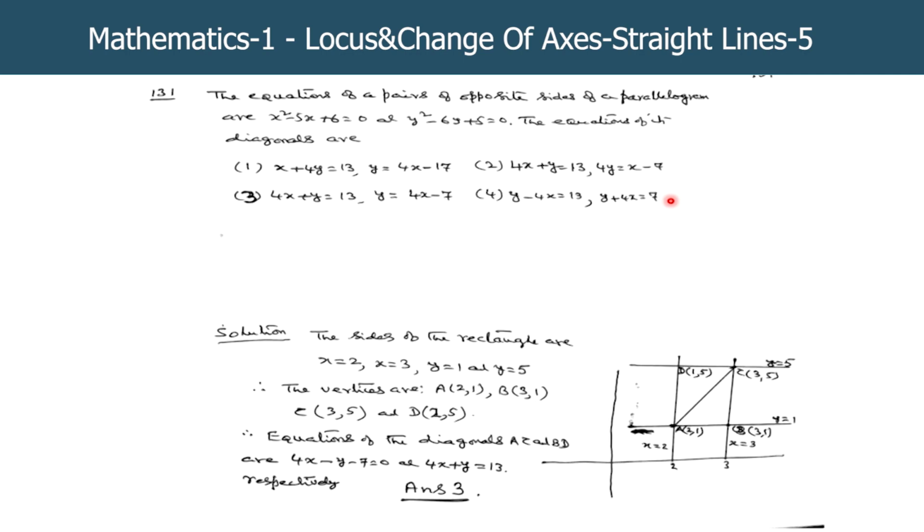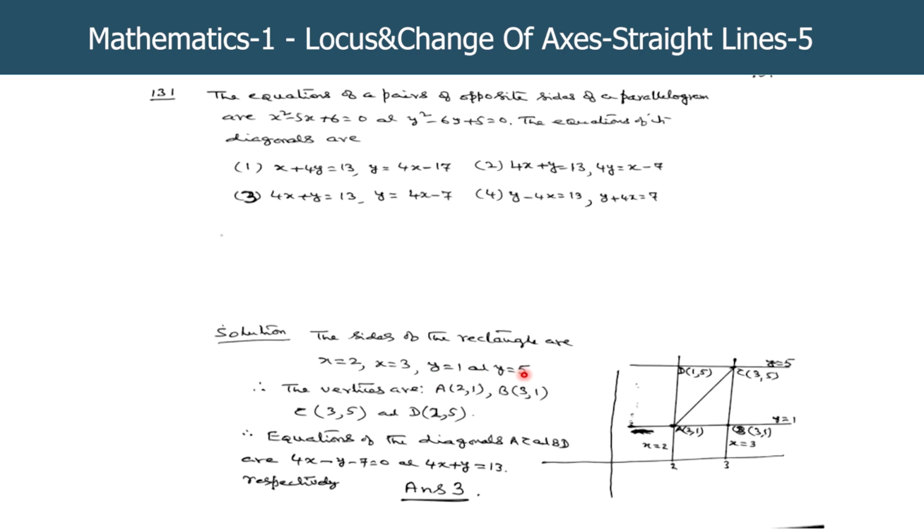And you know that x square minus 5x plus 6, if you factorize, is x minus 2 into x minus 3. So one pair of parallel sides of the rectangle are x is equal to 2 and x is equal to 3. Both are vertical lines. And the other equation, y square minus 6y plus 5 equal to 0, if you factorize, the lines are y is equal to 1 and y is equal to 5.